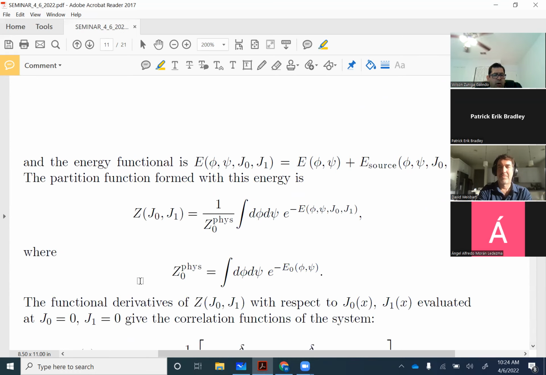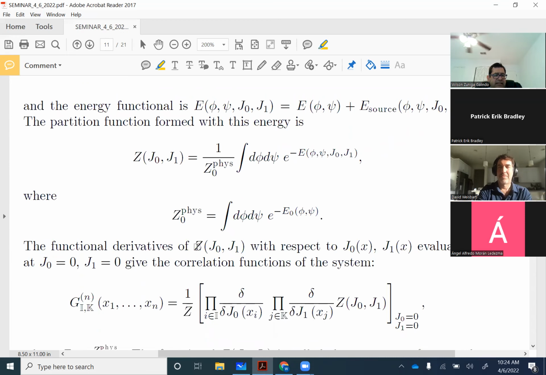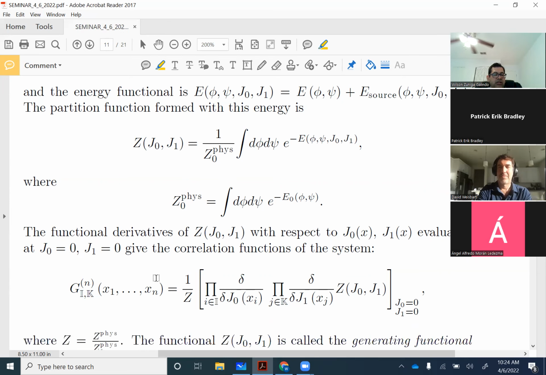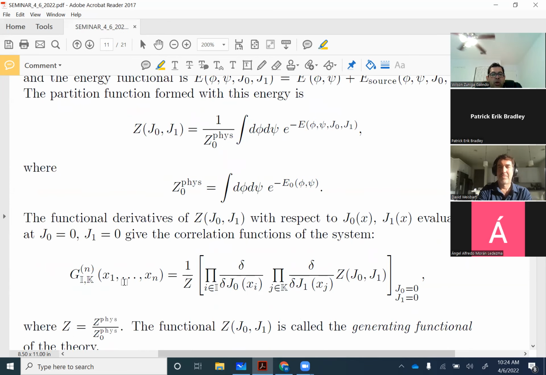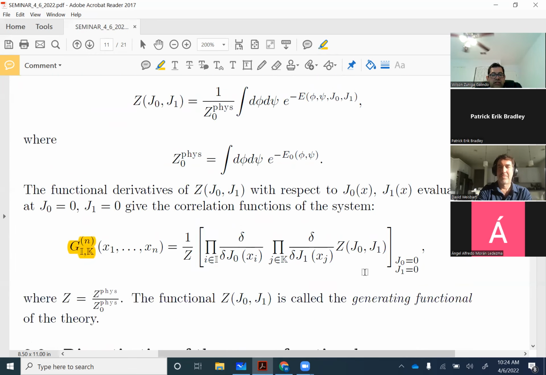The functional derivatives of this generating functional with respect to J0 and J1, evaluated at J0 equals 0, J1 equals 0, give the correlation functions of the system. More precisely, we can compute these correlation functions using this recipe. For this reason, this functional is called the generating functional of the theory.